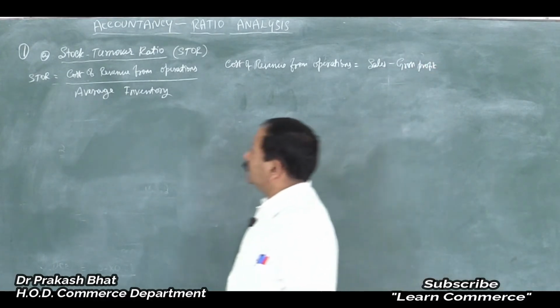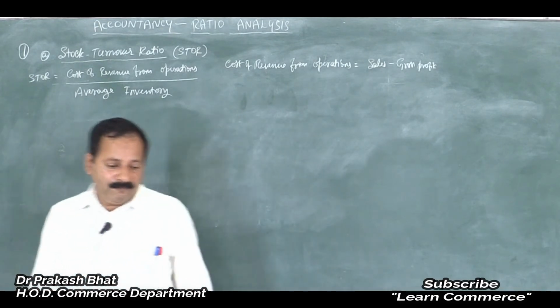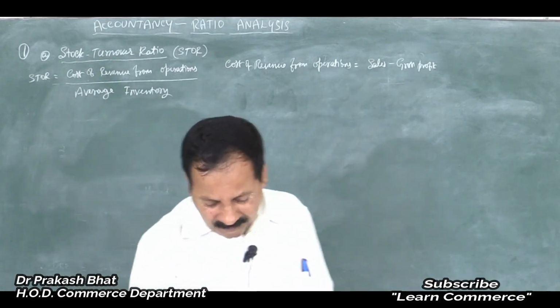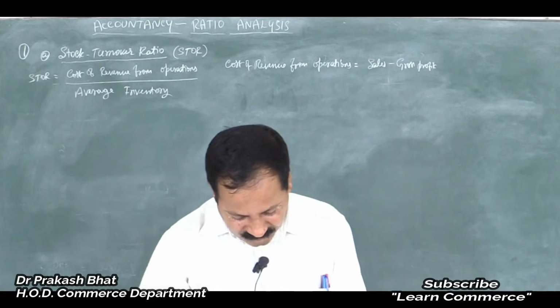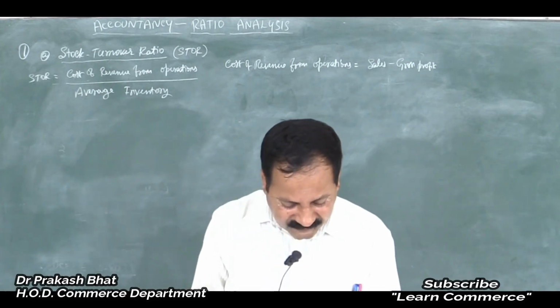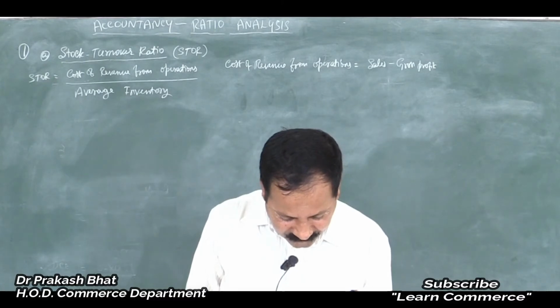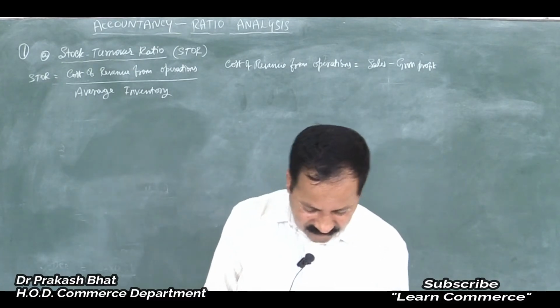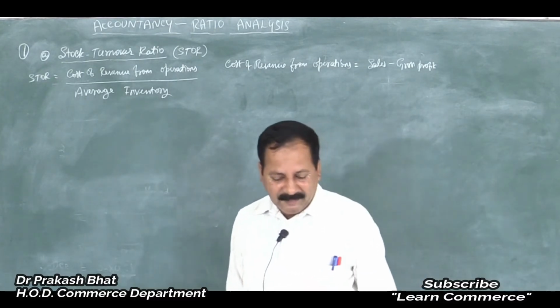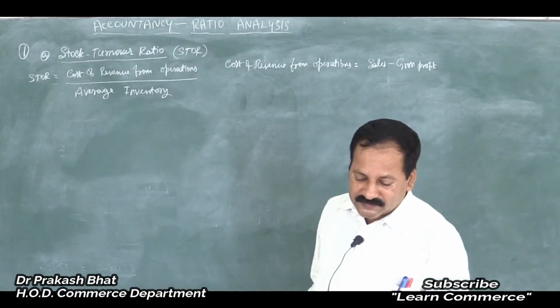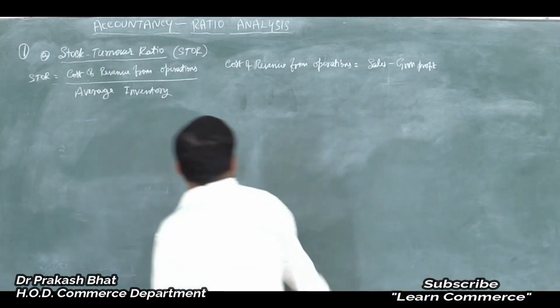Sales minus gross profit. Now, gross profit is given in the problem, right? Yes, gross profit is 50,000. The sales figure is also given, 1 lakh. So let us derive this.